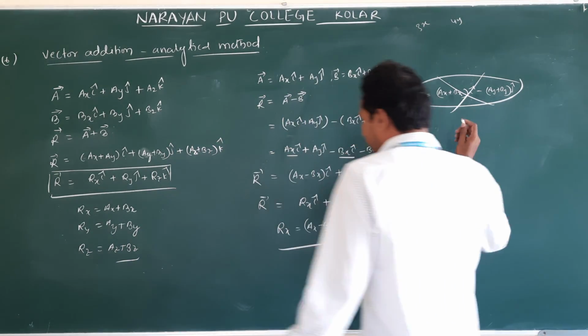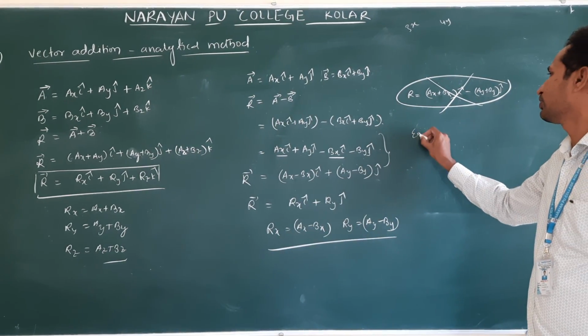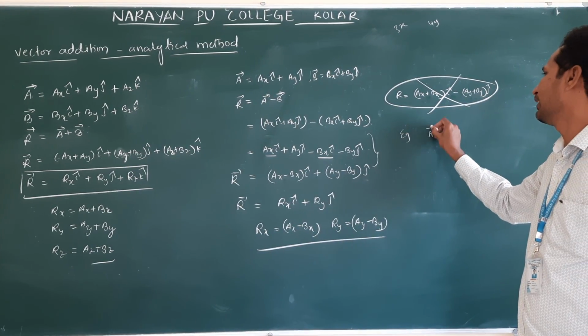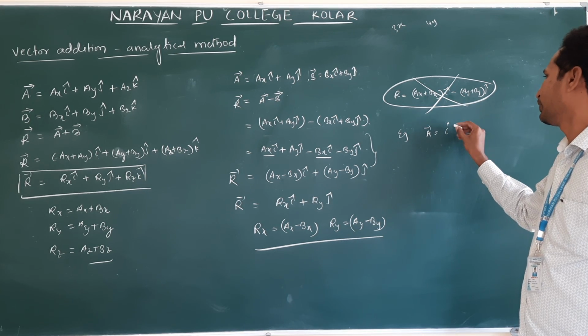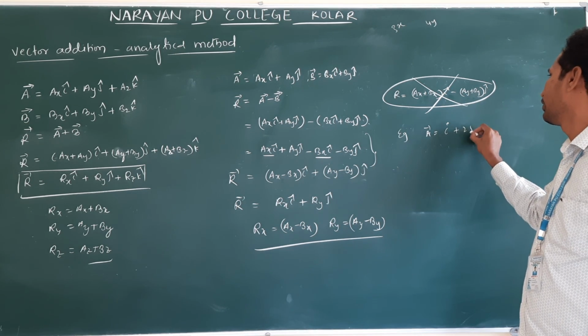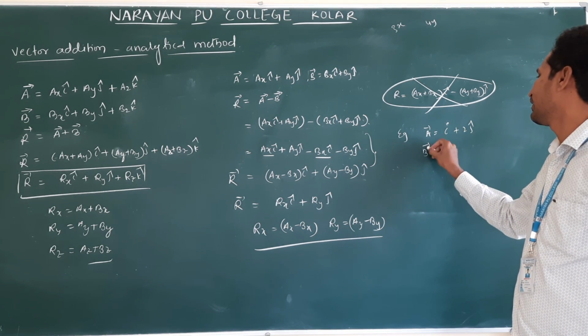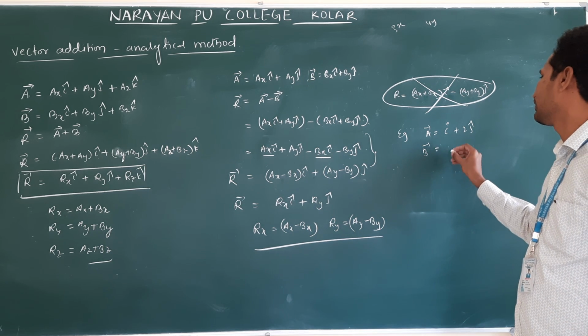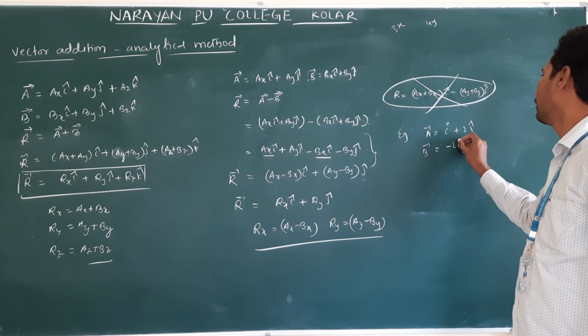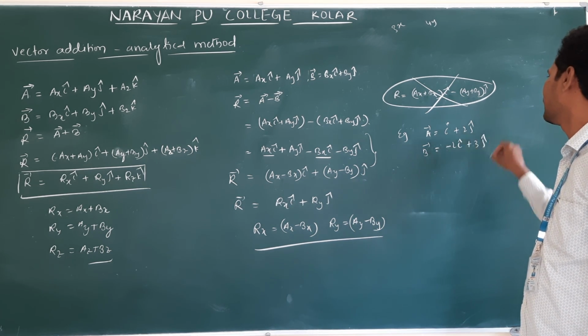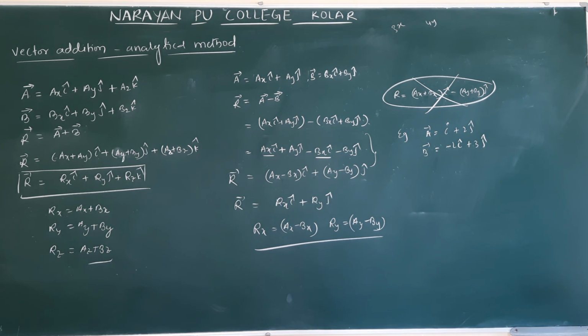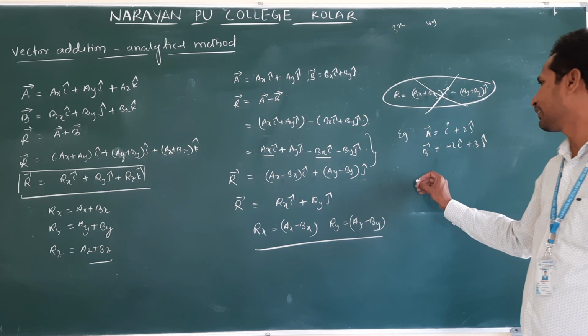I will explain, take one example. Same vector A is equal to i cap plus 2j cap. B is another vector, let us say minus 2 i cap plus 3j cap. Clear? Again, I am not writing the Ax, Ay components; I am taking directly and substituting directly in the formula.